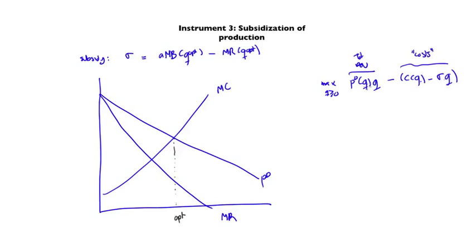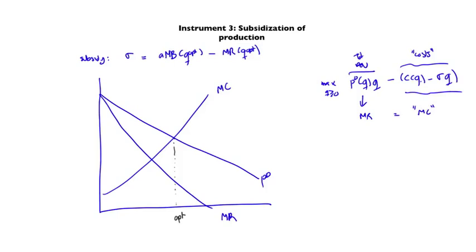I understand that we could have put the subsidies here, but I want to put them in the cost to pass you some intuition. From this perspective, the problem of the monopolist becomes to set, just as before, marginal revenue equal to marginal cost in quotation marks.